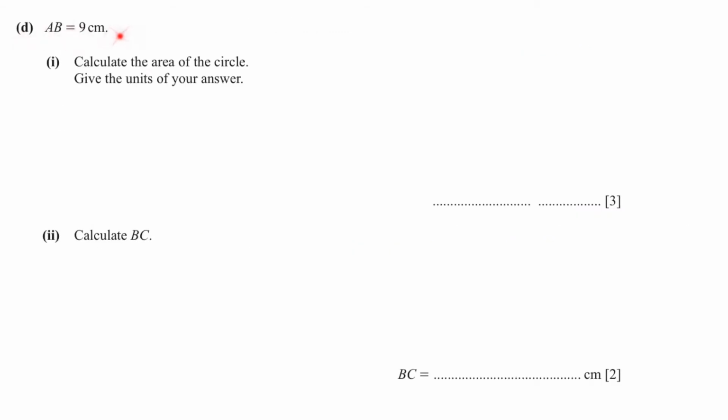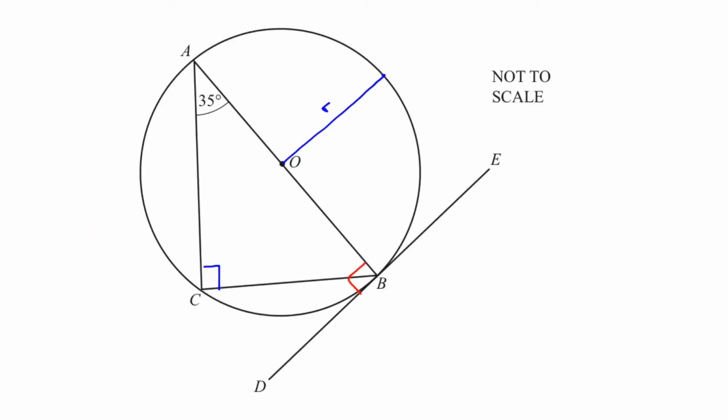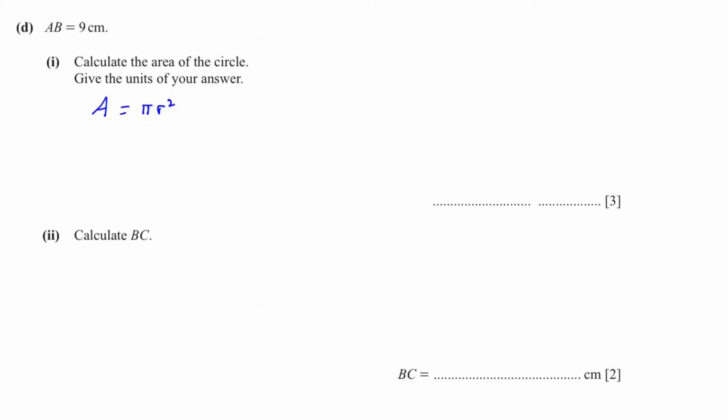AB is equal to 9 centimeter. Calculate the area of the circle. To find the area of the circle, we use the formula pi r squared. So we need to find the radius. AB is touching the circumference at both the sides, so that is a diameter. Diameter is twice the radius.